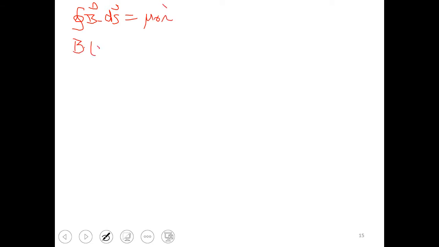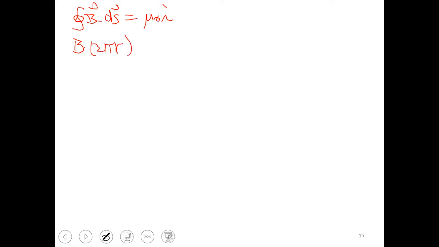So just now we have B dot ds equals mu 0 I, and for the left side B times 2 pi r, because it is symmetric.